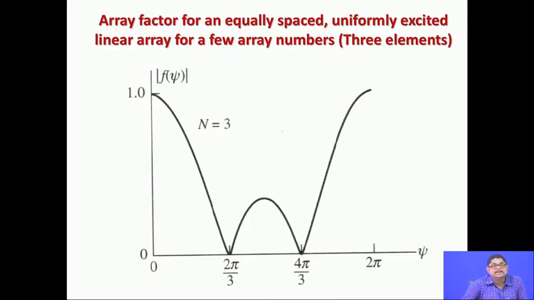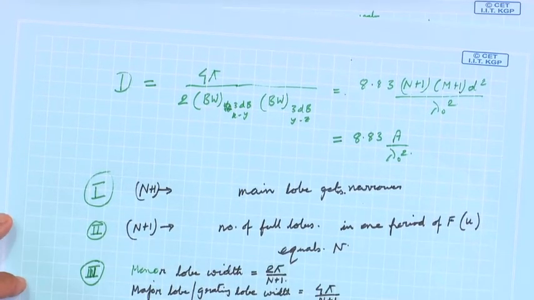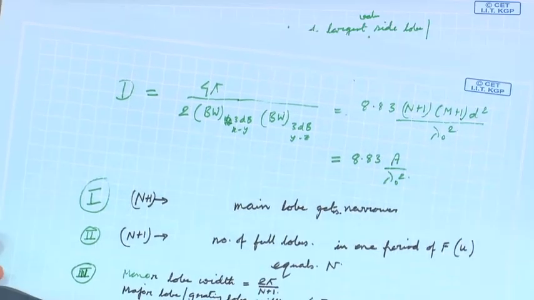Suppose in some application I require it to be 20 dB, I cannot do that, and in radars and various applications we require it to be much lower. Also, the directivity is fixed for linear arrays. It is inversely proportional to the given array length, but it cannot be changed.